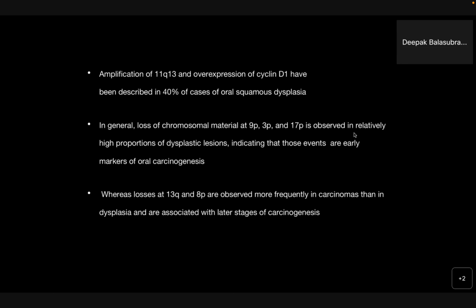And if you look at 13q and 8p, they are more frequently seen in carcinomas than in dysplasia and are associated with later stages in carcinogenesis. So you've got to remember the deletions and overexpressions in dysplasia, and you've got to remember the losses of material that are seen in carcinomas.